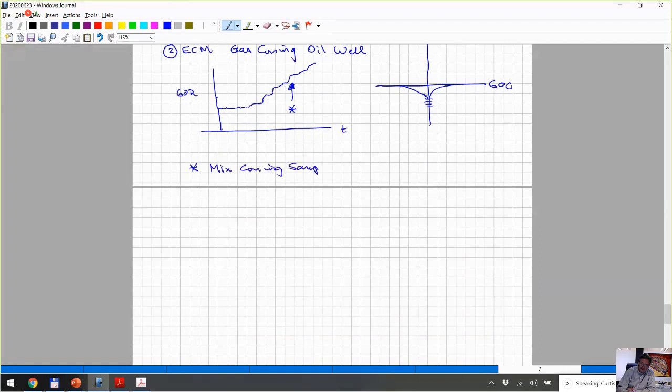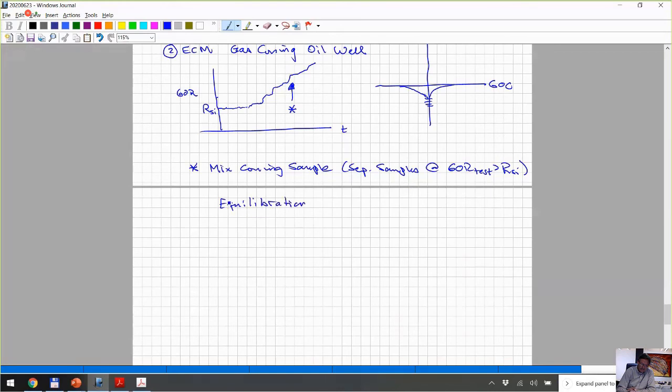Will typically be separator samples, recombined at the GOR of the test, which is coning. It's obviously greater than the initial solution gas oil ratio, which is here. And just go through the equilibration. Get the GOC oil, gas first.